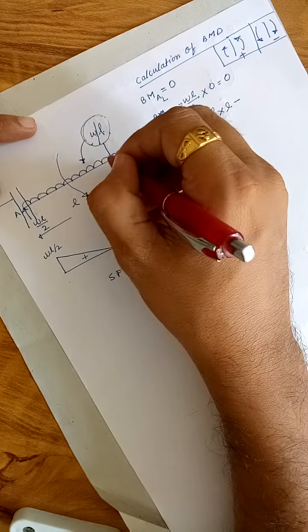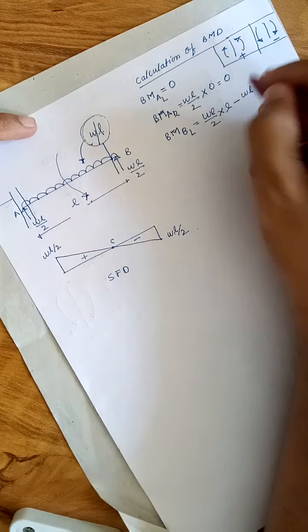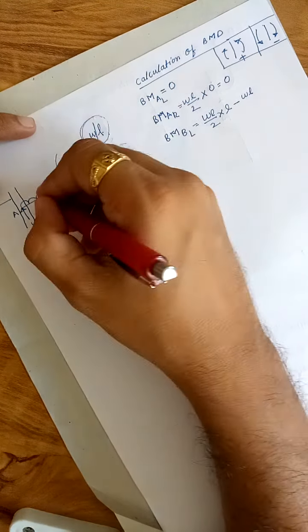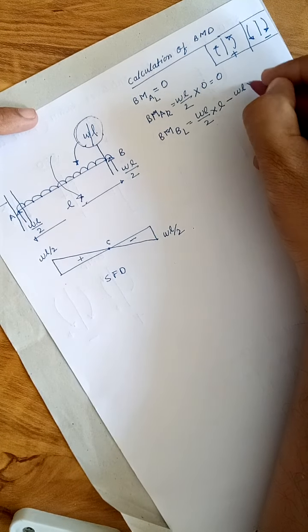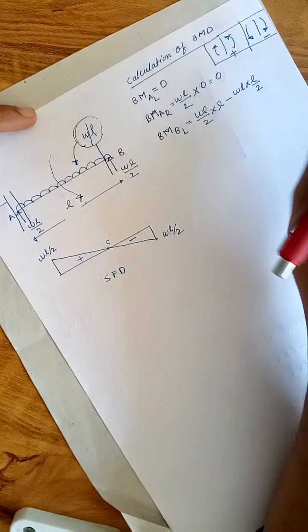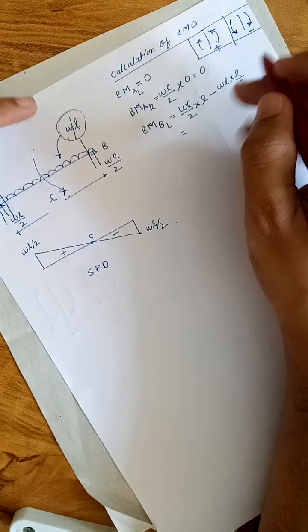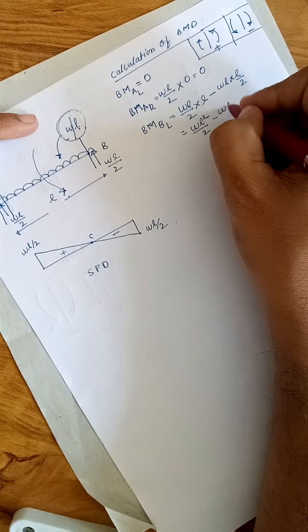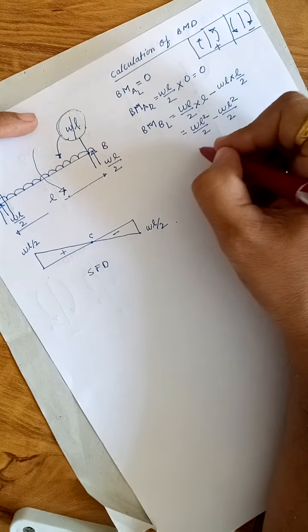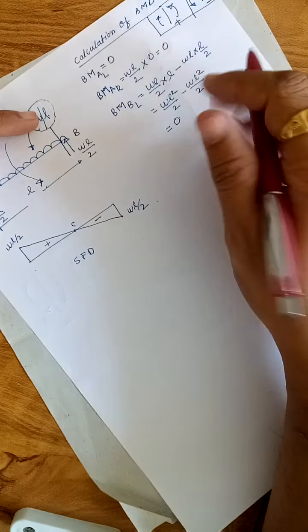W per unit length, so the total load will be W multiplied by L, and that will act at the center of this span, that is L by 2. So this is WL square by 2 minus WL square by 2, so this will also be 0. The bending moment at B left will also be 0.